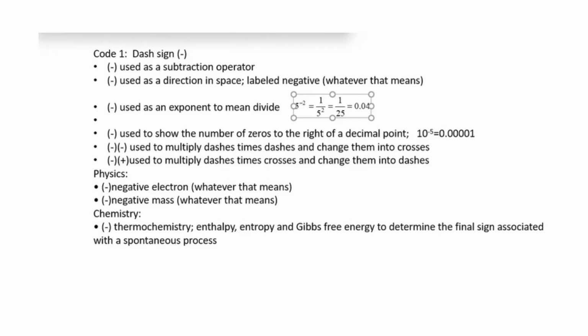Dash times a dash is used to multiply dashes times dashes and change them into crosses, and a dash times a cross is used to multiply dashes times crosses and change them into dashes. A negative electron, whatever that means, negative mass, whatever that means, and in thermal chemistry, enthalpy, entropy, and Gibbs free energy determine the final sign associated with a spontaneous process.